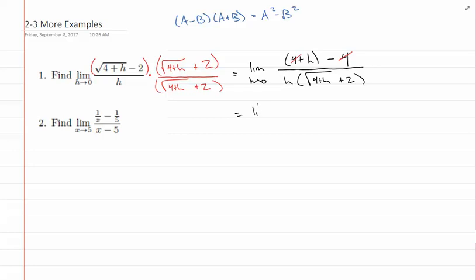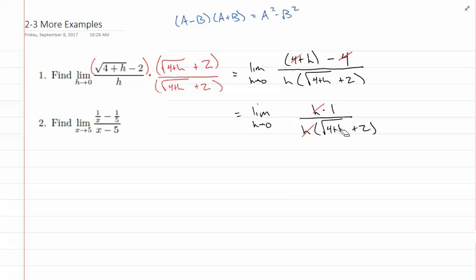So we got a limit as h approaches 0, h over h times this thing. And on top here, notice h, that's the same thing as h times 1, and I write it like that because notice you got a common factor of h on top and bottom, so those cancel. Okay, so really it's just limit as h goes to 0 of 1 over this thing in the parentheses.